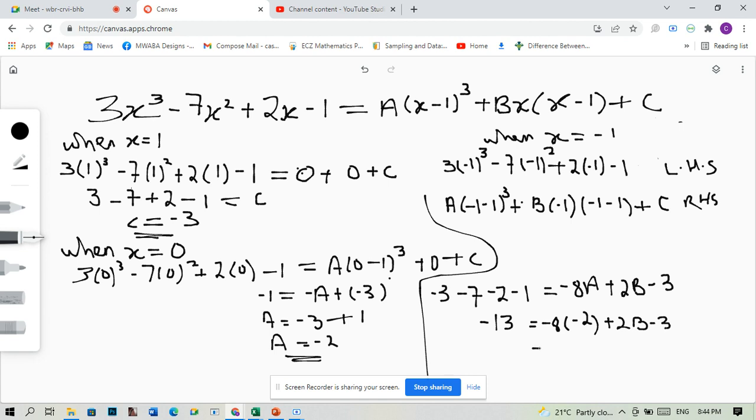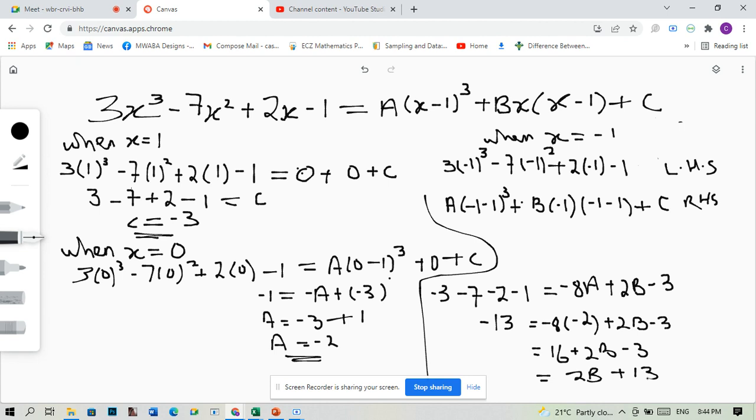Negative 8 times negative 2 gives us positive 16, plus 2b minus 3. 16 minus 3 gives us 13, so we have 2b plus 13.